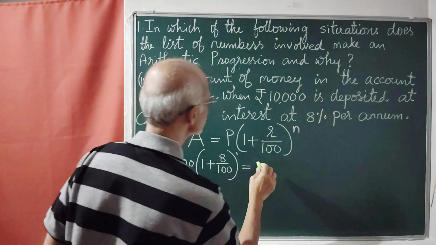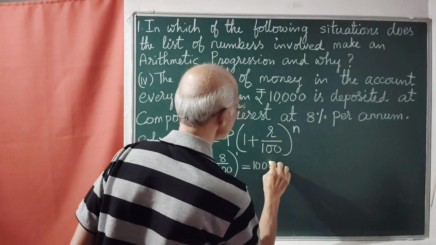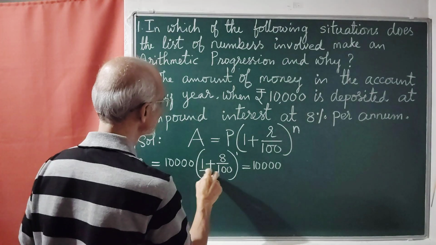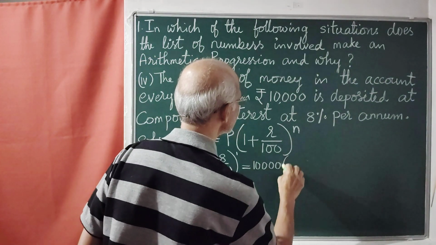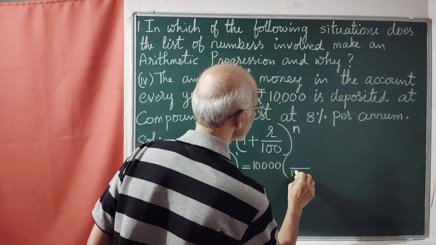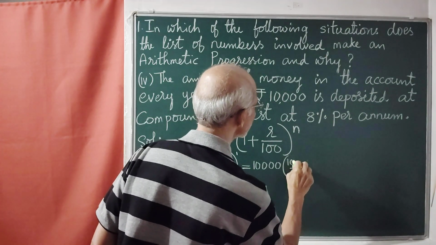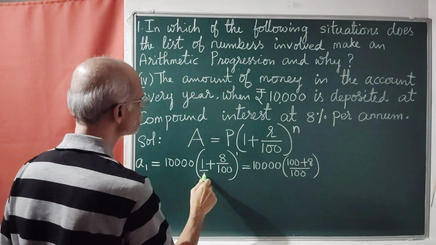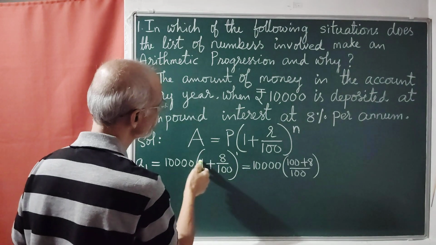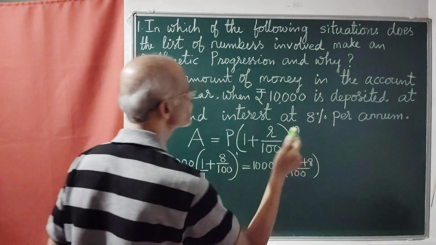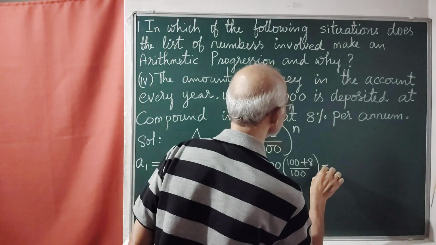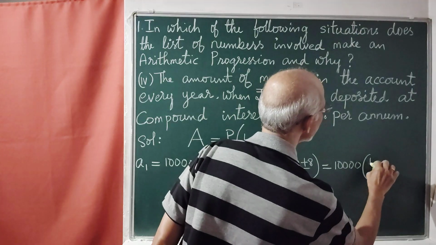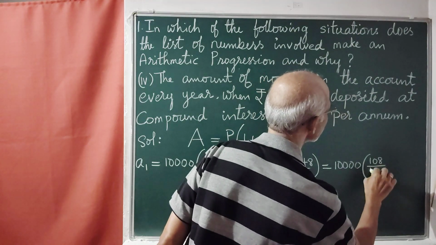We will solve it by means of cross multiplication. You will get 100 plus 8, 1 into 100 is 100, 8 into 1 is 8. So what you will get? 10,000 into 108 by 100.